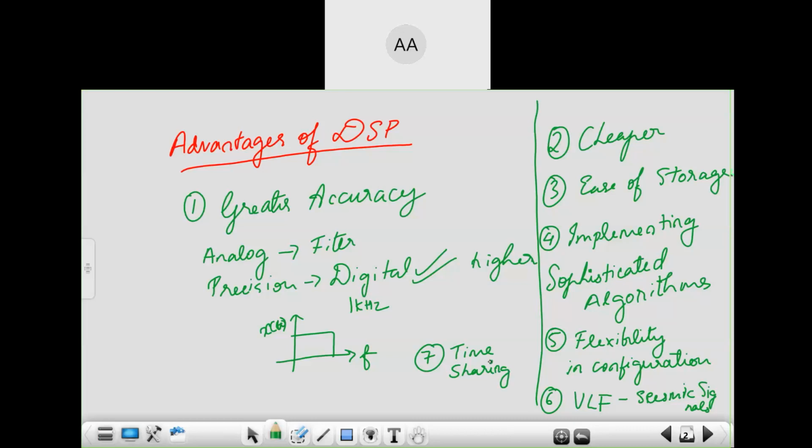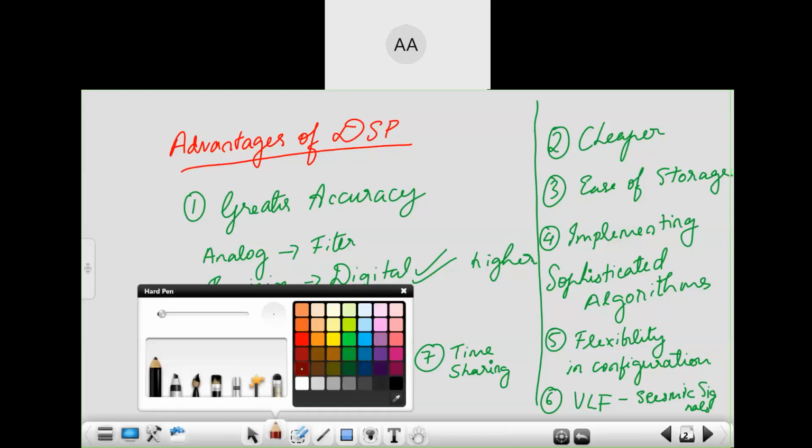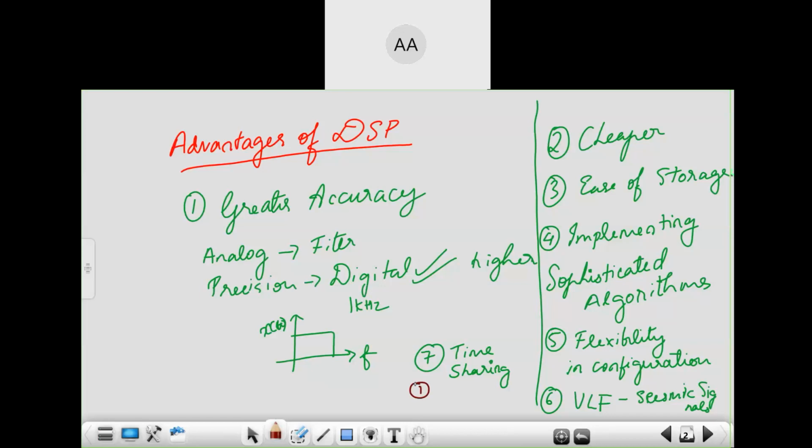Suppose 3 jobs are there: one filtering operation, one amplification, some addition operation. All these 3 are being performed parallelly. First I will do filtering for some delta t time, delta t1. Next, I may do amplification for the next delta t2.